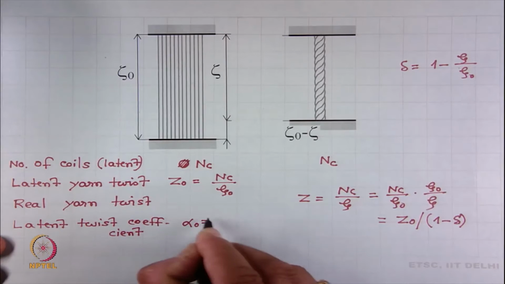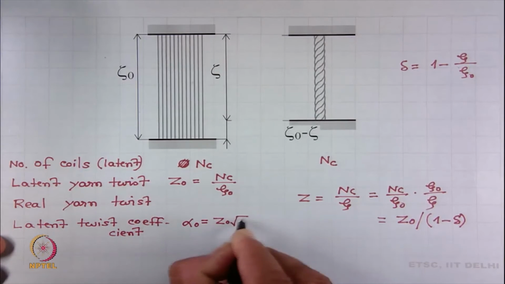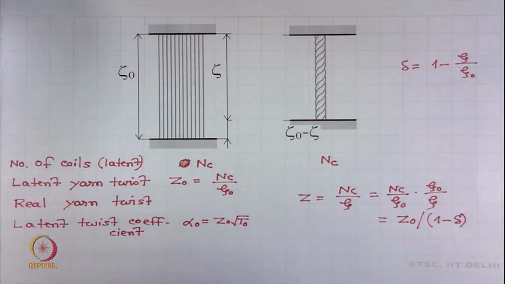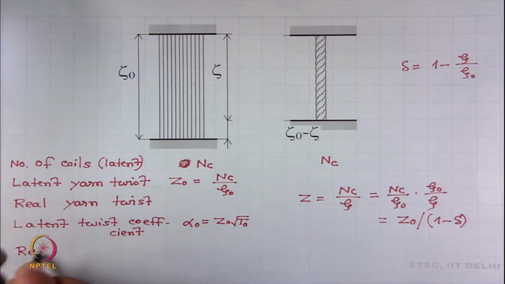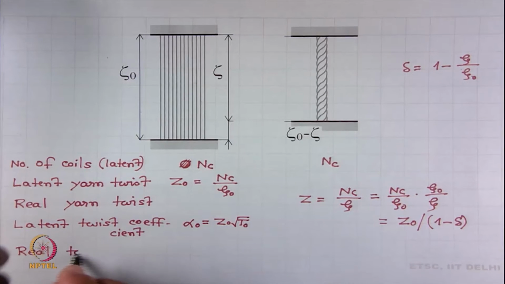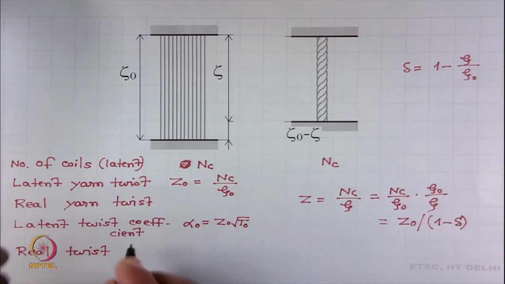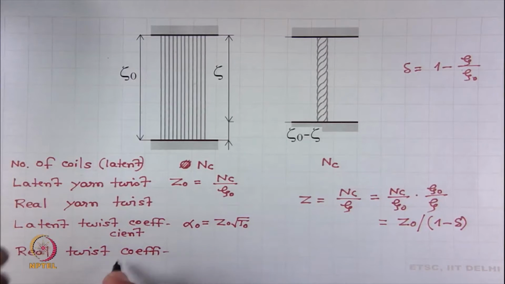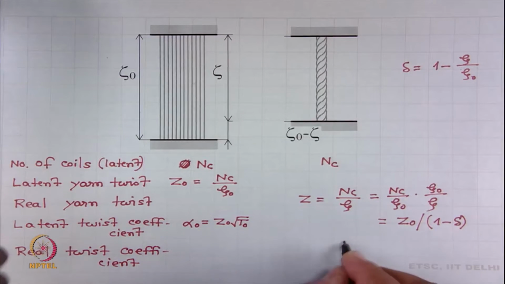Alpha naught is twist into initial count, and here the real twist coefficient is alpha equal to Z root T.